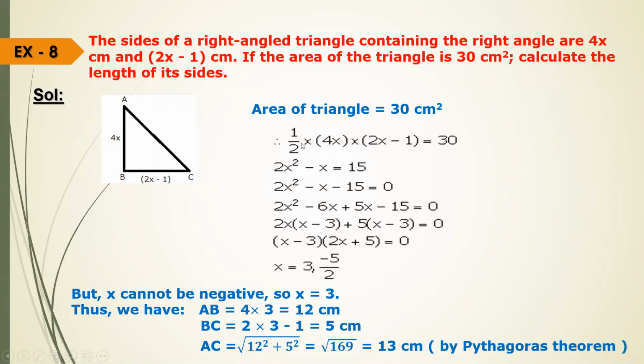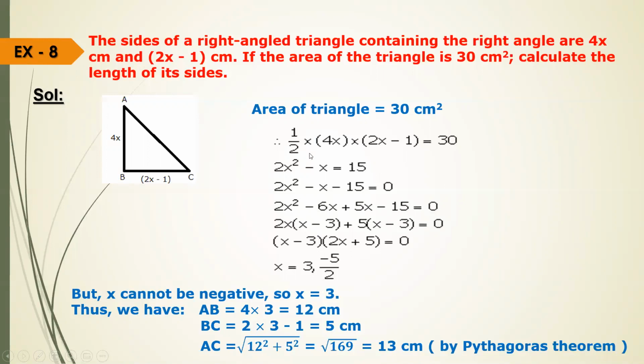So half, that is given in the formula, then half into 4x into 2x minus 1 is equal to 30. Solve it further, multiply these numbers. You can cancel this 2 with 4x. What will be left here? Here will be left 2x. And 2x into 2x minus 1 equal to 30.